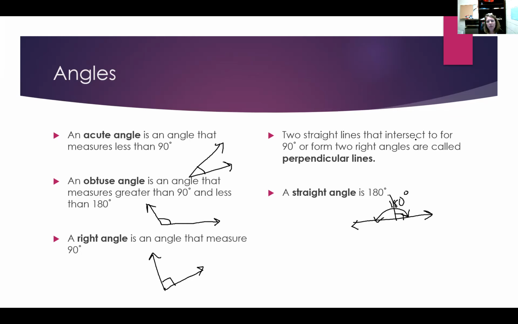Two straight lines that intersect to form 90 degrees, or form two right angles, are called perpendicular lines. So it would look something like this. It's going to form your right angles here. This is called perpendicular lines. And then I just went over a straight angle and a right angle.